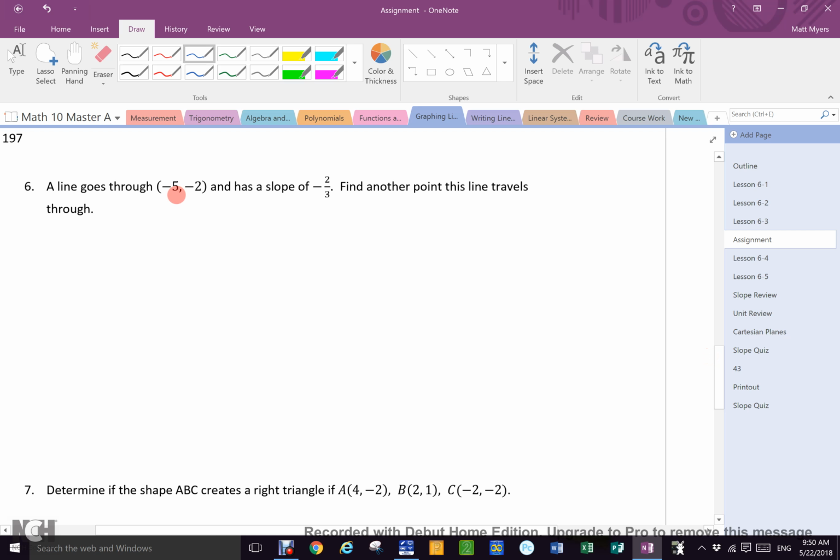All right. This is when you actually have to apply stuff. What letter does that represent? X. Well done, Ryan. What letter does that represent? Y. What letter does slope represent? M. Do I have any form that uses M, X, and Y?